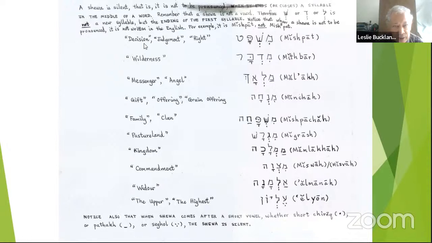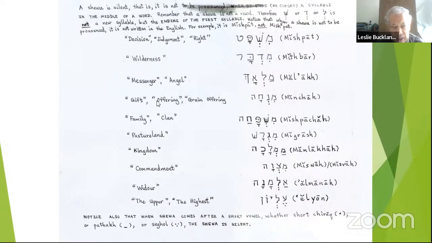Mishpat, meaning decision, judgment, right. Midbar, wilderness. Notice there is a simple shiwa, but it is not pronounced because it comes at the end of a closed syllable in the middle of a word. Malak, messenger or angel. Notice the simple shiwa here is not pronounced. It comes at the end of a closed syllable in the middle of a word.